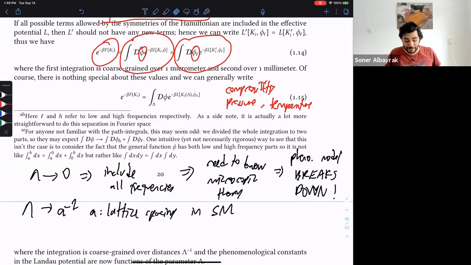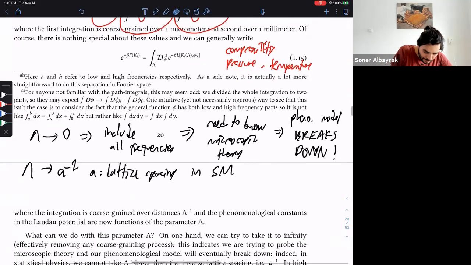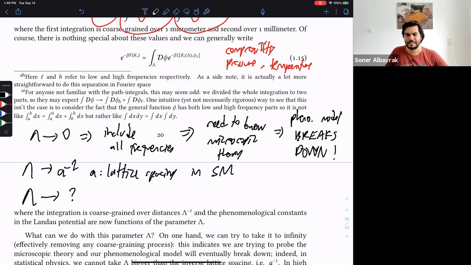In QFT, you don't have a natural parameter, right? If you don't count the Planck mass or Planck scale or anything like that, I'm talking about gravity, by the way, just the standard model. Technically, you should be able to consider it, right? You should be able to go to 0.